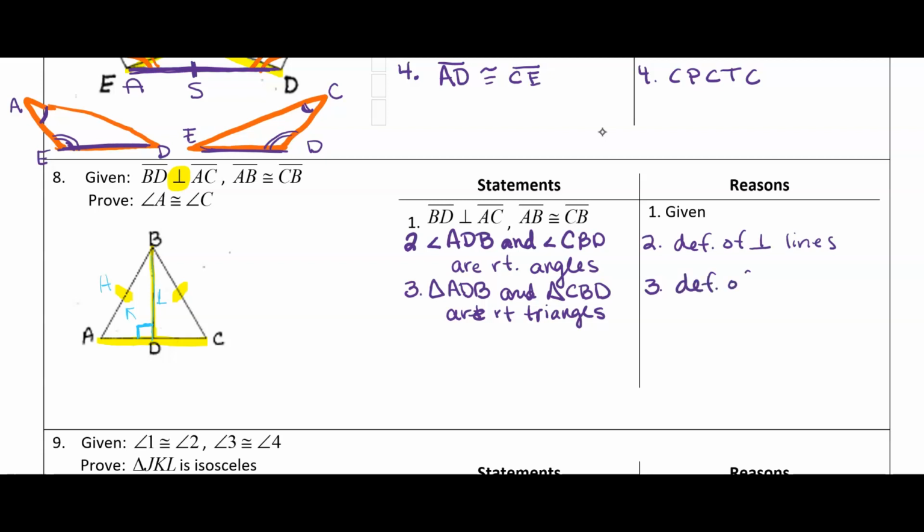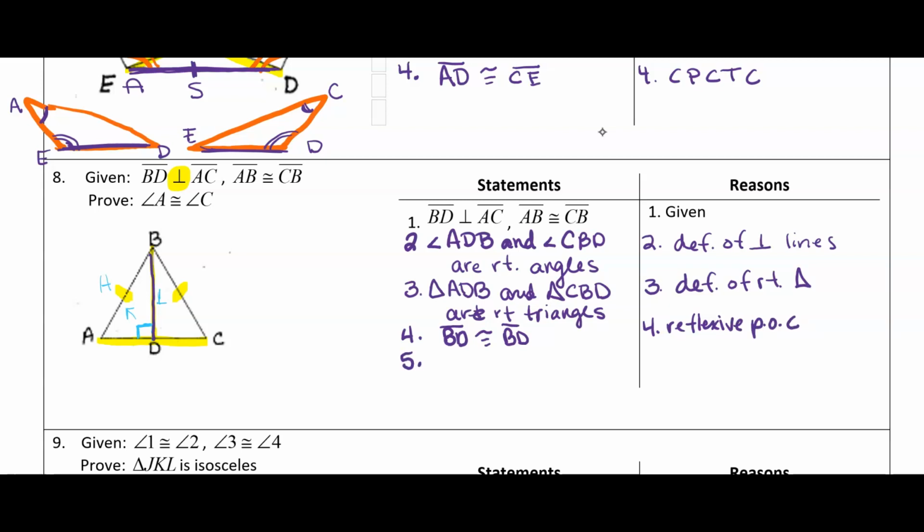So this is going to be definition of a right triangle. Now we've already noted in the figure here that is a leg and that is a reflexive piece. So we're going to say BD is congruent to BD. Again, reflexive property of congruence.